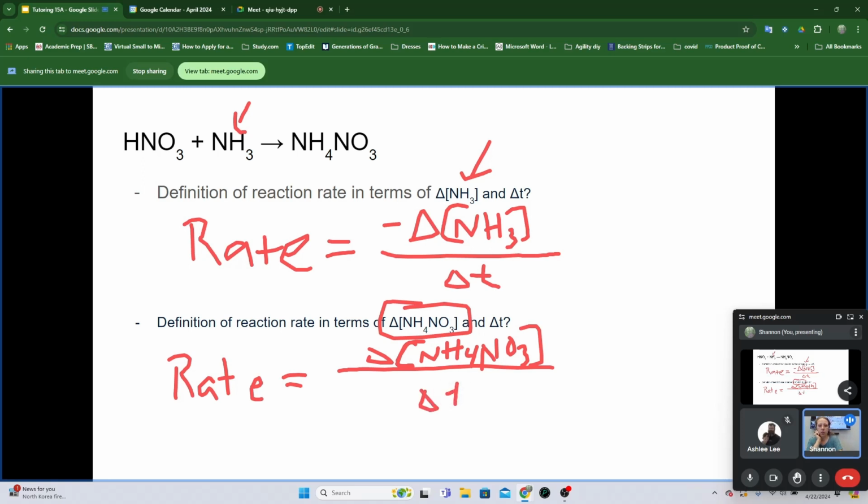Divided by delta t. And make sure you use the lowercase t on that because uppercase T means something totally different. So that's the simplest part of the first half of the chapter.